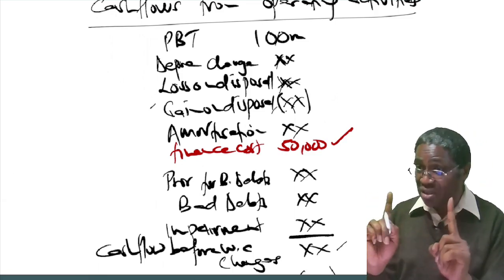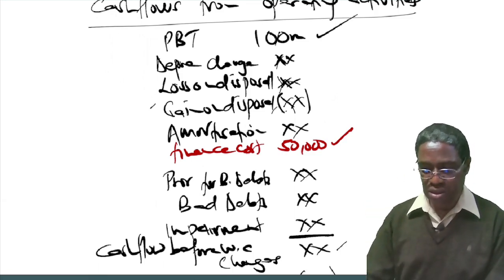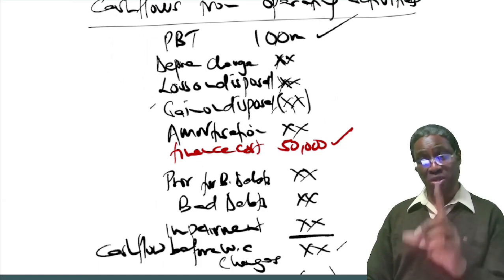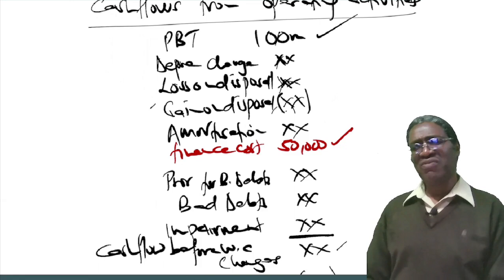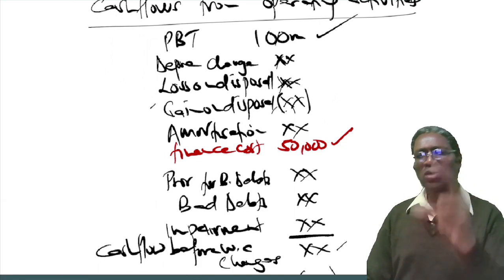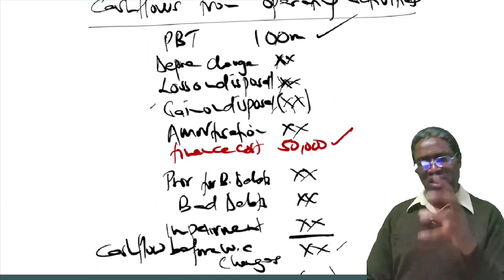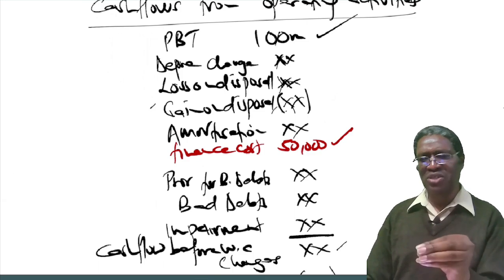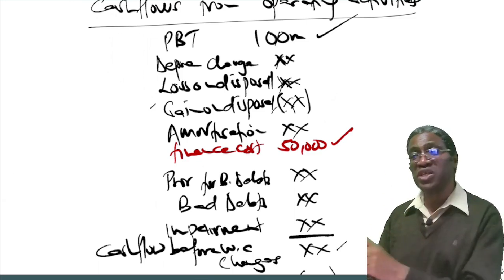That's a mark you should never miss. Profit before tax, whatever the question will give you, is always a free mark. Then I've said identify from the question all the non-cash items, things that went into your income statement whereby you paid no cash or you received no cash for them.